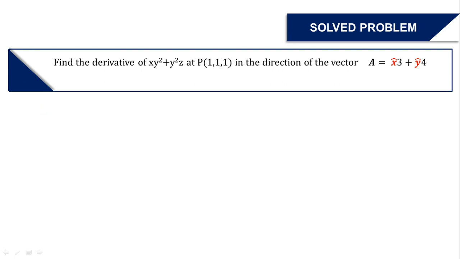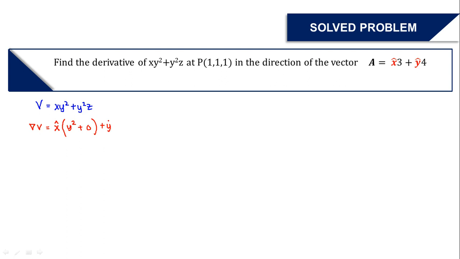So let's say that we have a scalar function V equal to xy squared plus y squared z. Di ba? So pag kinuha natin ang gradient ng V, gradient of V is equal to x hat times the partial derivative with respect to x. That gives us y squared plus 0. Tama?